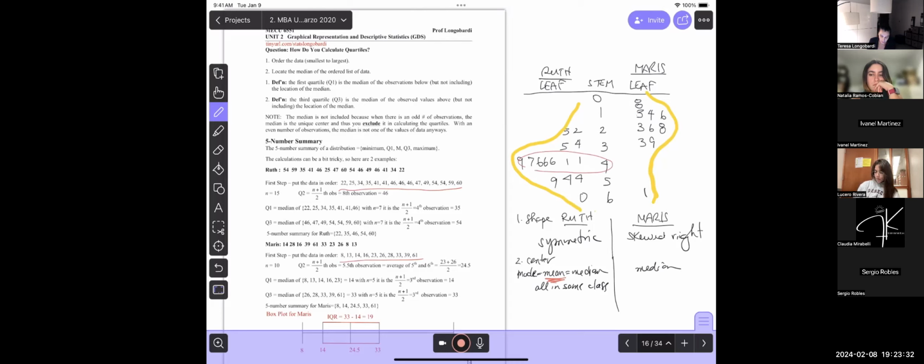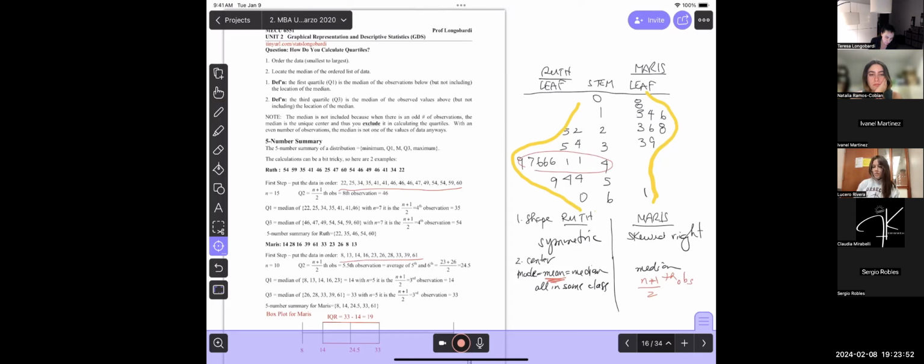On Maris, you can find the center. How do we find the median? Do you remember? There are two ways to do it. You can calculate the observation that is in the position (n+1)/2. In other words, you're finding the middle observation.